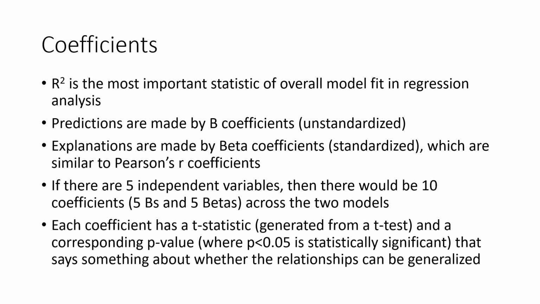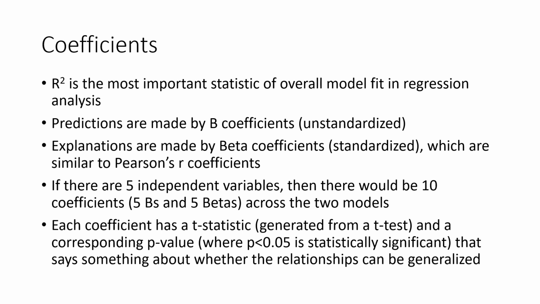So just to put this into context, if there are 5 independent variables and 1 dependent variable in your model, then really there are 2 ways of expressing this equation. One way is using standardized coefficients, that would be betas, and another way would be using unstandardized coefficients. Those would be B coefficients.